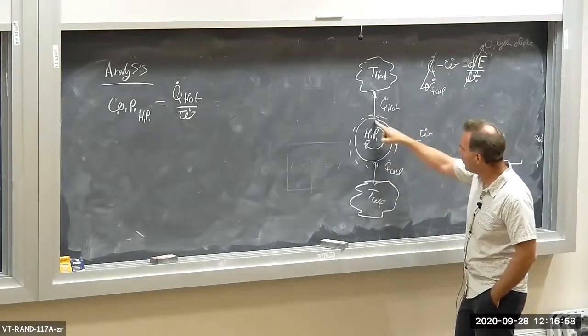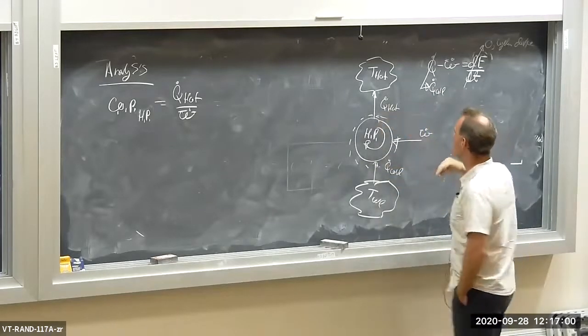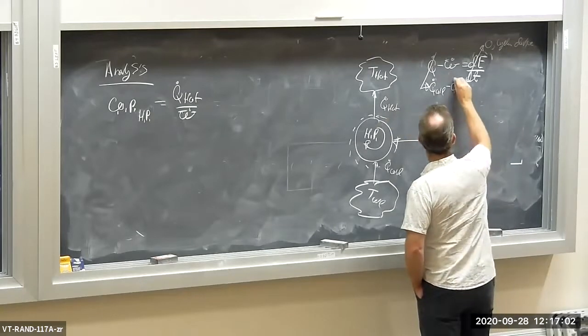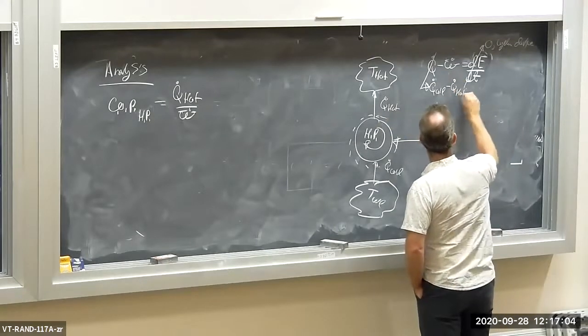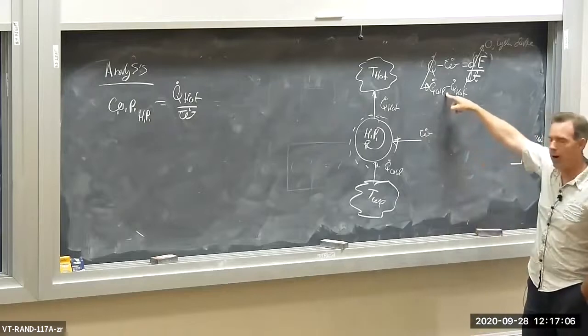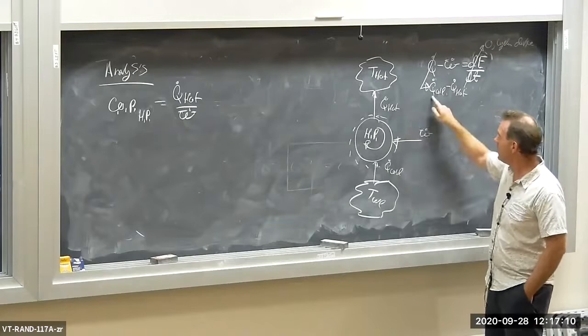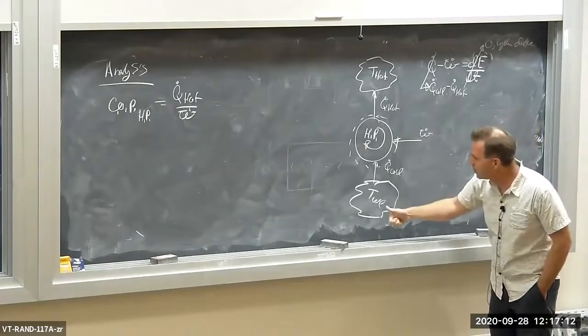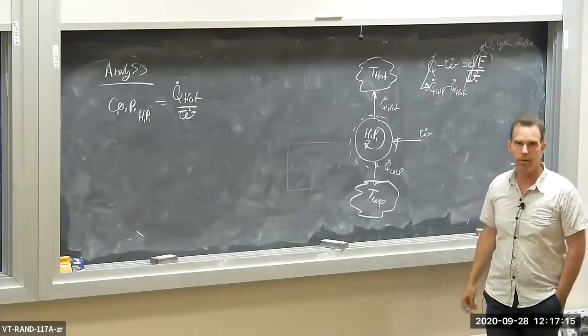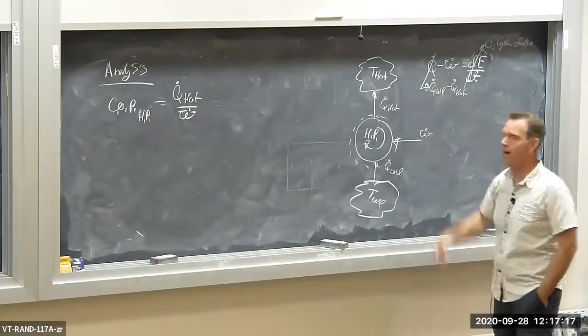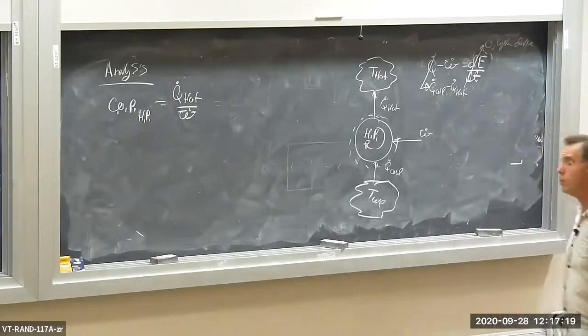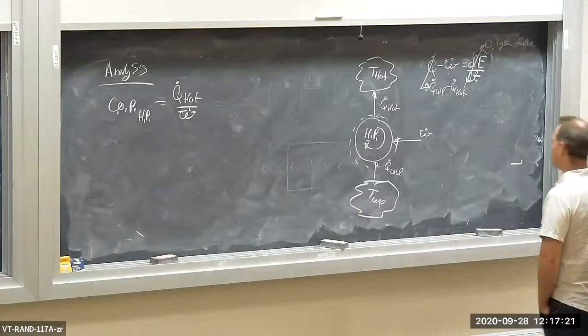And I have Q dot out, which is the Q dot hot. Negative sign in front of the Q dot hot because that is flowing out of the device. Plus sign in front of the Q dot cold because it's flowing into the device. Remember, the Q dot in the energy balance is in or to the device positive.